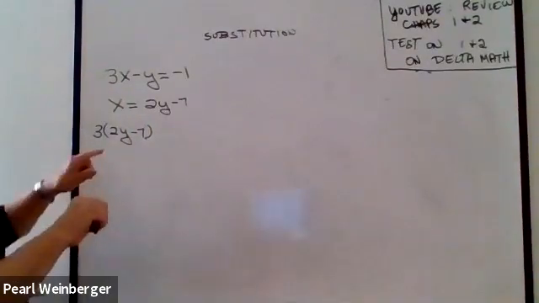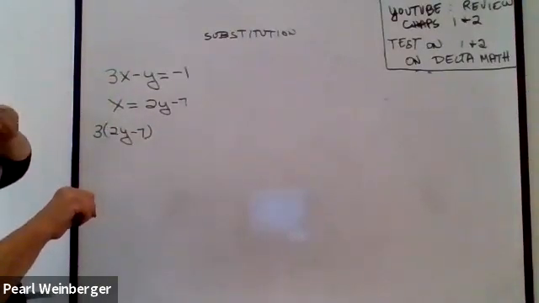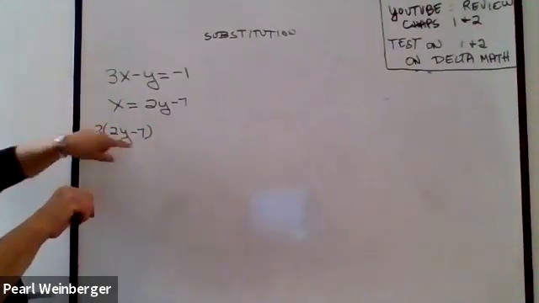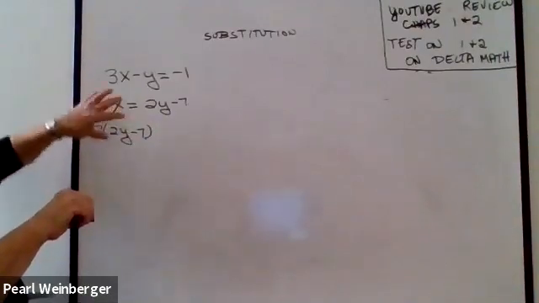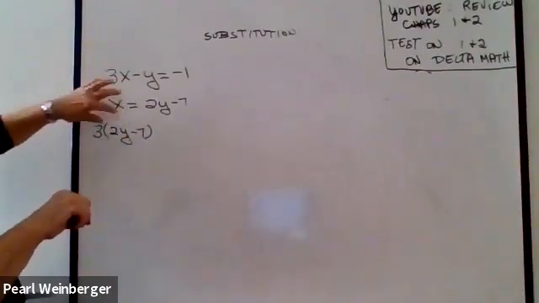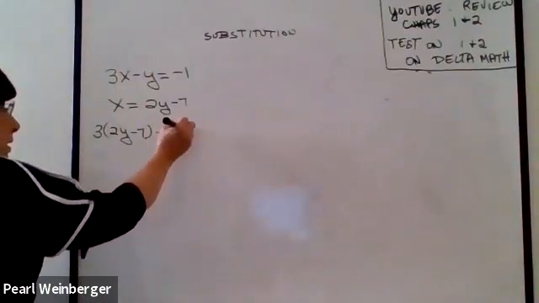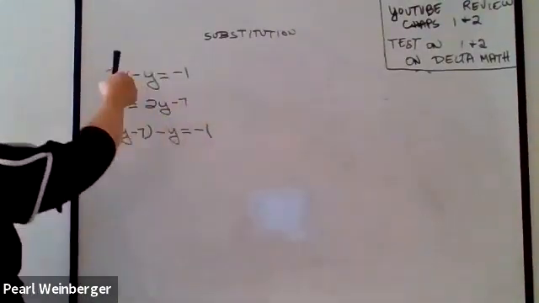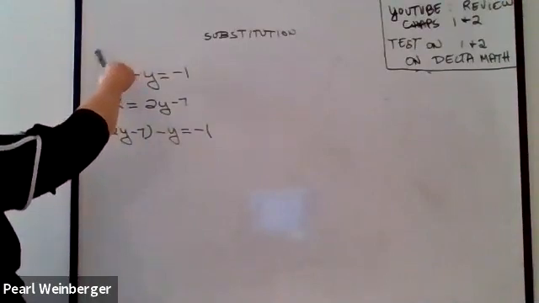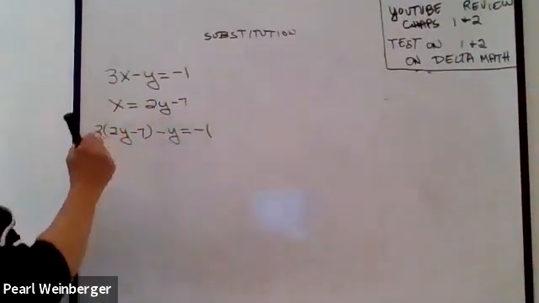interchangeably. Notice I put a parenthesis around it because I want to make sure that I use the whole 2y minus 7. It's more than one term, so I have to put a parenthesis. I then do minus y equals -1. So all I've done is replace this x over here, substituted for it 2y minus 7.